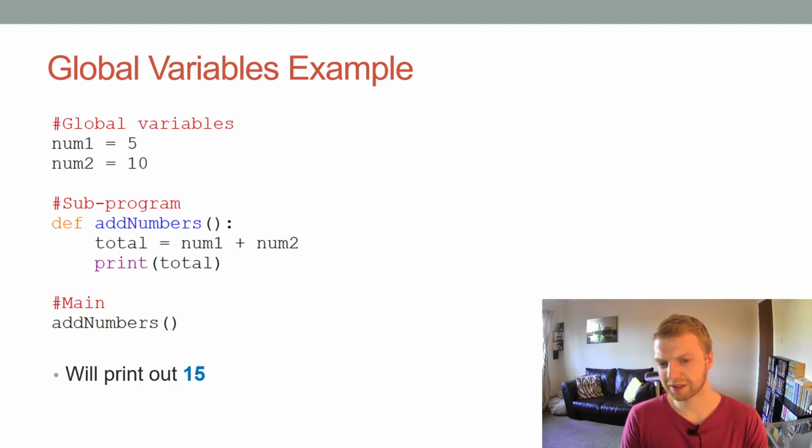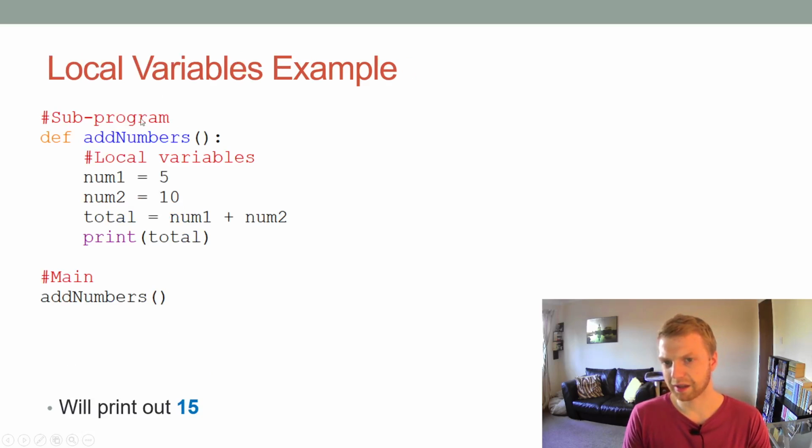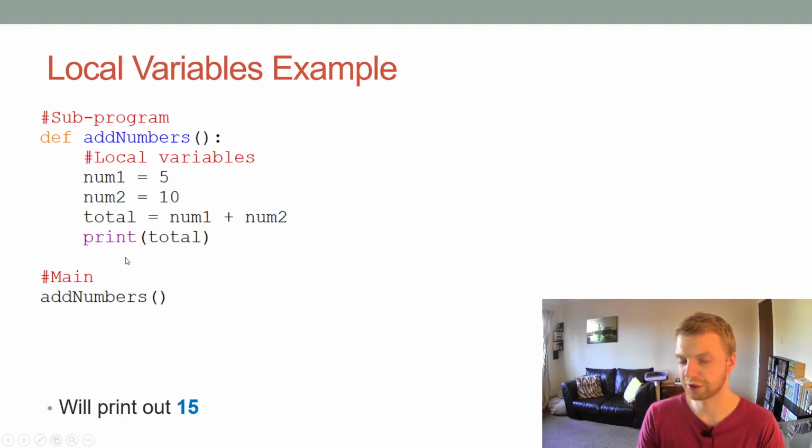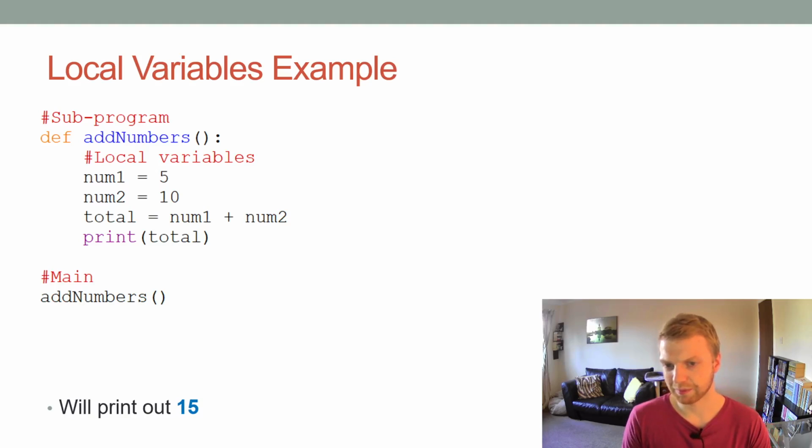But if you were to start changing these numbers, that is when problems start to happen. So you don't always want to rely on global variables. This program is more modular, which means it can be moved about without causing errors, basically.